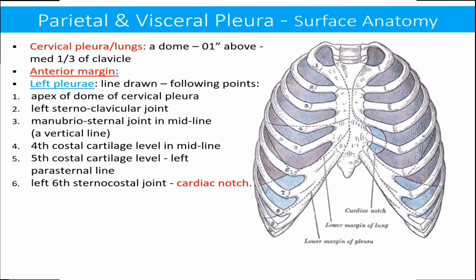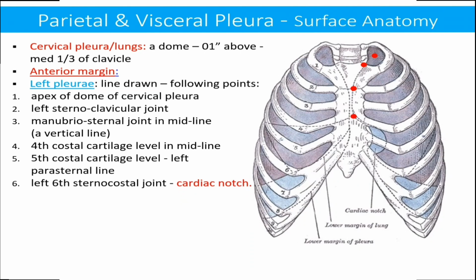The anterior margin on the left side is indicated by a line drawn by taking the following points. Number 1, apex of dome of cervical pleura. Number 2, left sternoclavicular joint. Number 3, manubriosternal joint in midline.